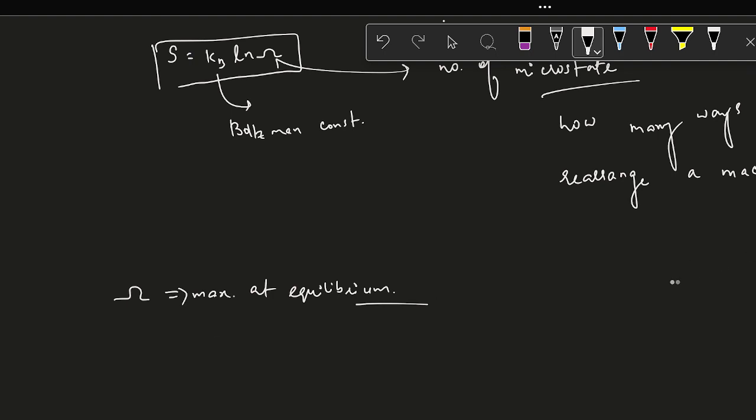Okay, and you can also think of it in another way. Let's say this is our entropy axis and this is our energy axis.